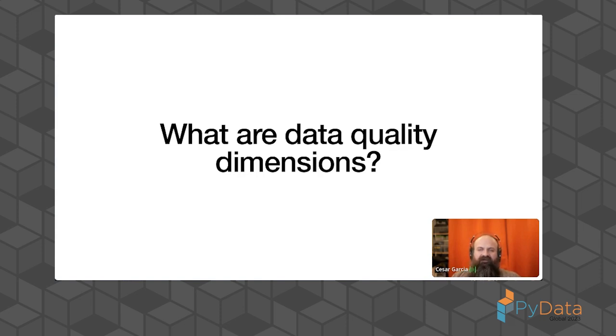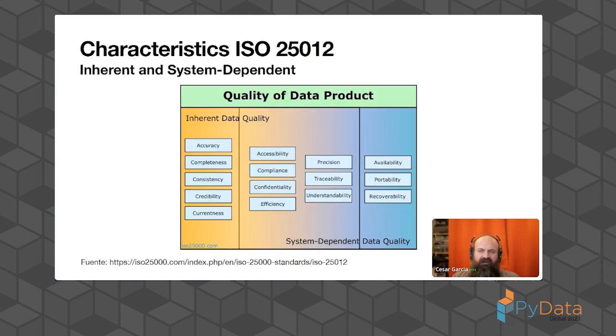Adjustments in what kind of dimensions, you might be asking and wondering. When we are talking about these characteristics, in the ISO 25012 there are two different fields. Some of the characteristics are inherent to the data set. If you get the data set, everything you need to calculate, everything you need to figure out, is in the data files themselves.